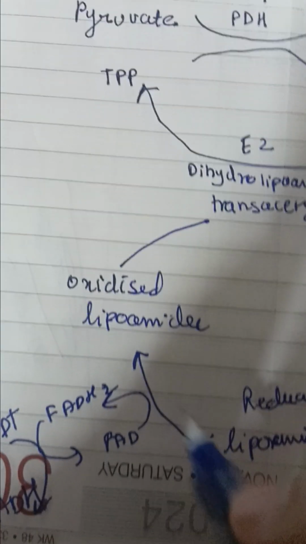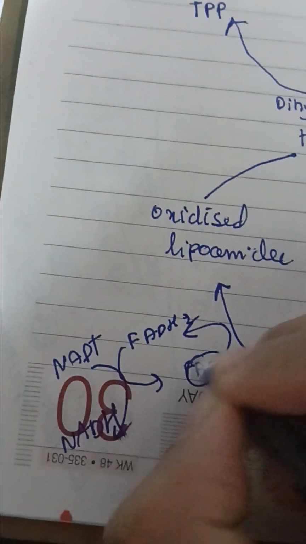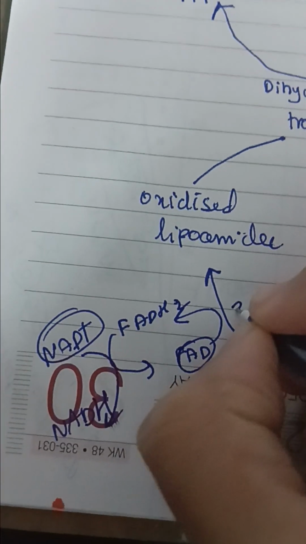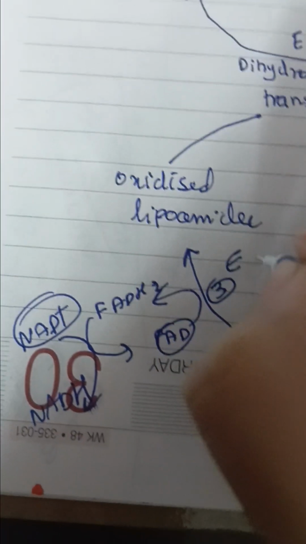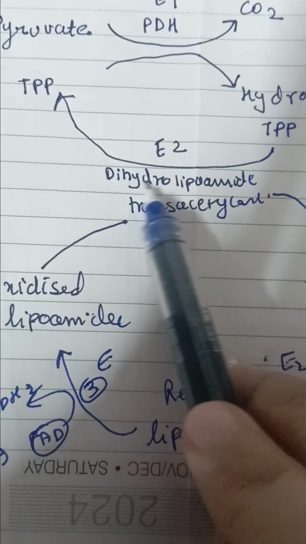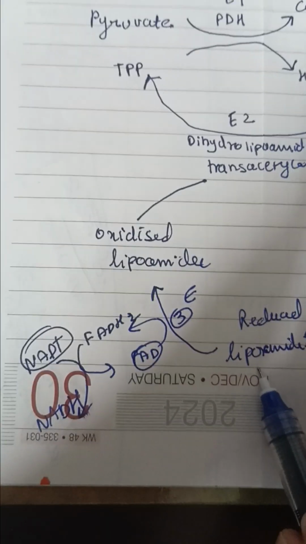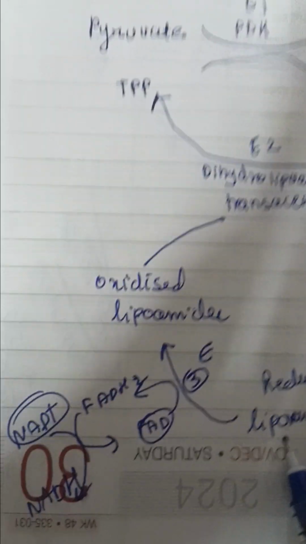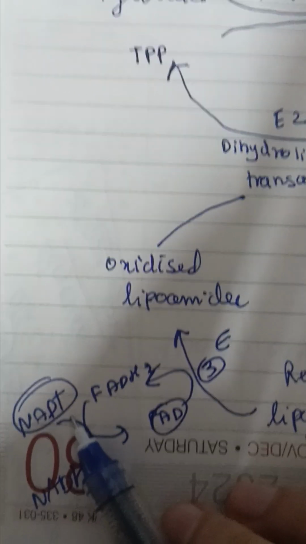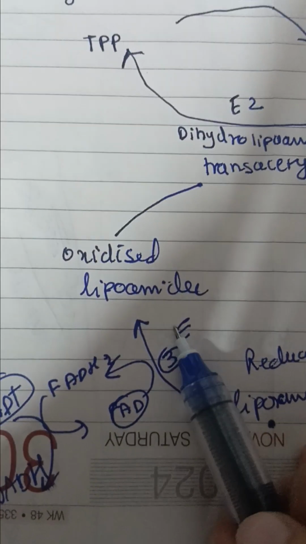So it is using FAD and NAD+ in the presence of a third enzyme, E3, and this E3 is also a dihydrolipoamide, but it is a dehydrogenase. Any reaction involving NAD+, the enzyme would be a dehydrogenase. So here also we have dihydrolipoamide dehydrogenase.